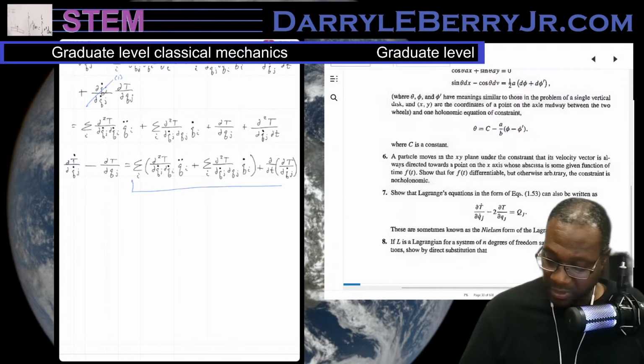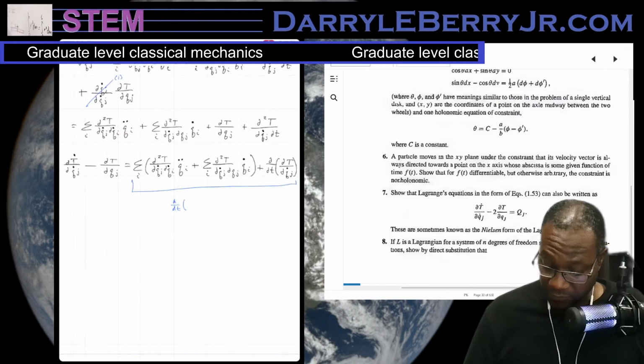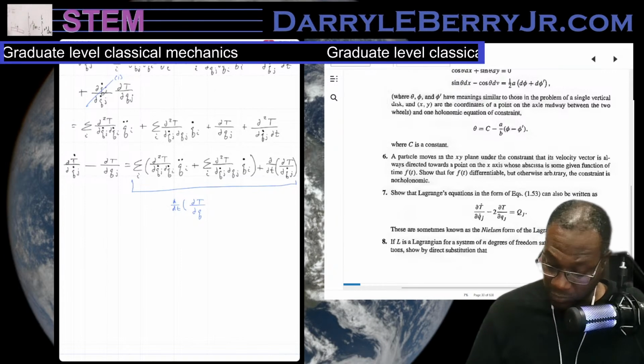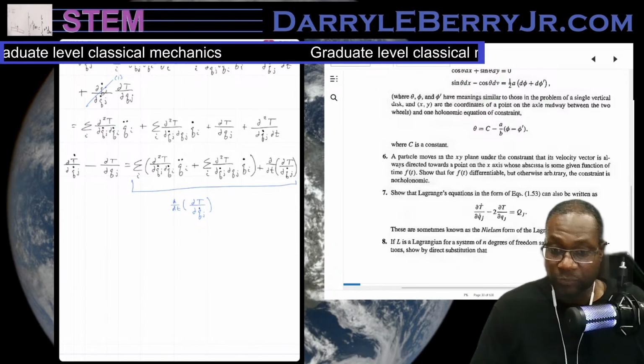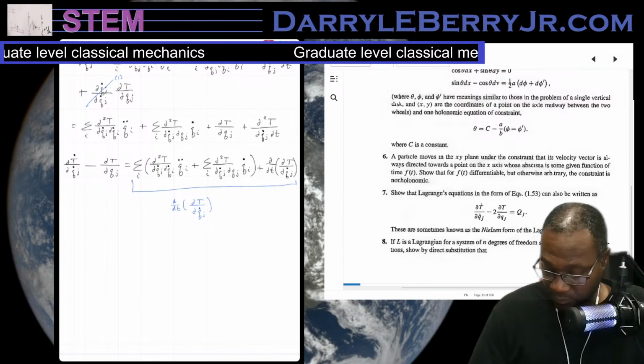The solutions are saying that this is d dt of partial T over partial q dot j.